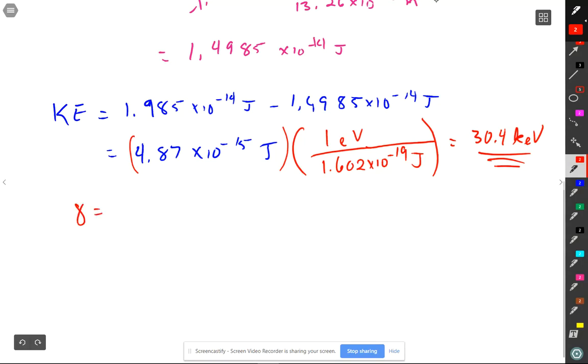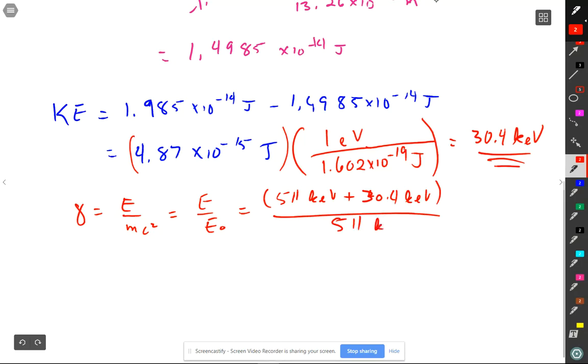So gamma is equal to the total energy over mc squared, which is the total energy over the rest energy, which is going to be 511 kiloelectron volts plus 30.4 kiloelectron volts all over 511 kiloelectron volts.